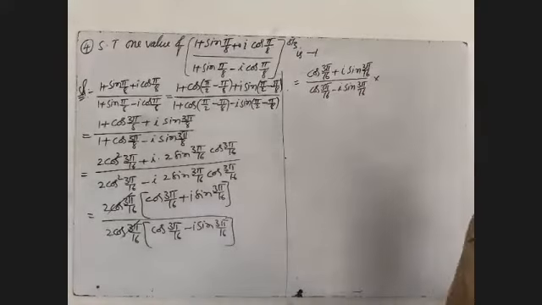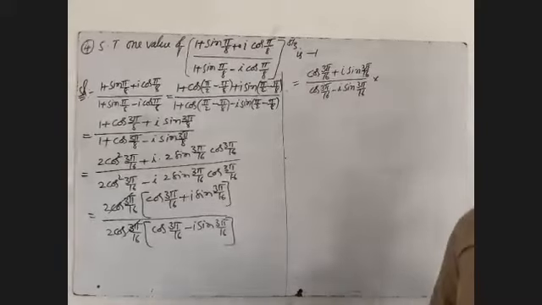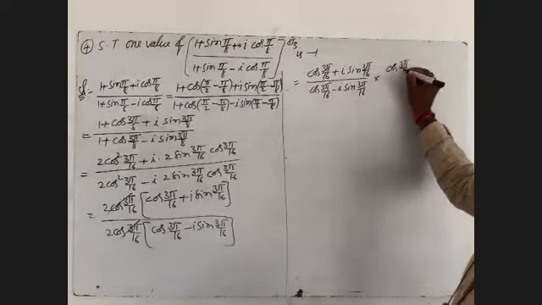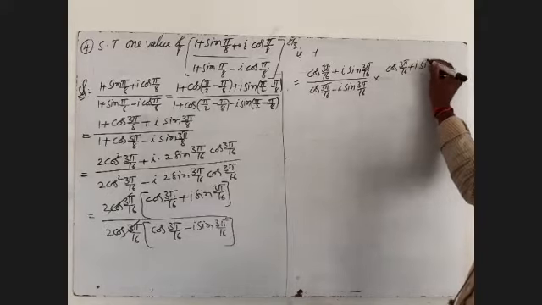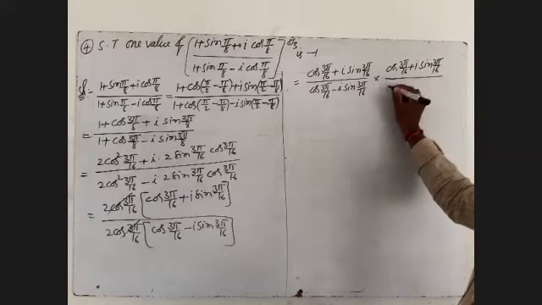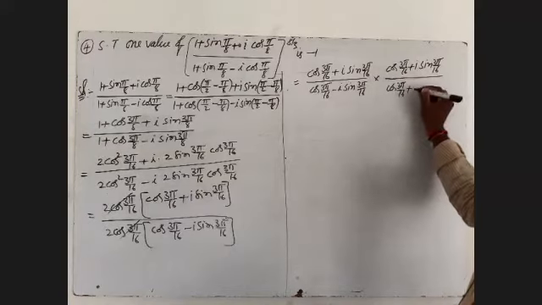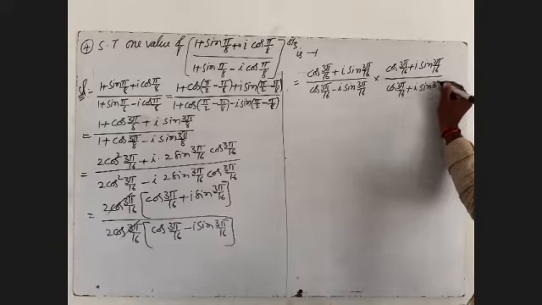The conjugate of cos 3π/16 − i sin 3π/16 is cos 3π/16 + i sin 3π/16, in the denominator.